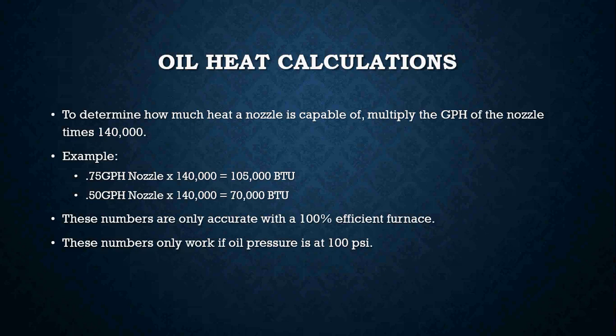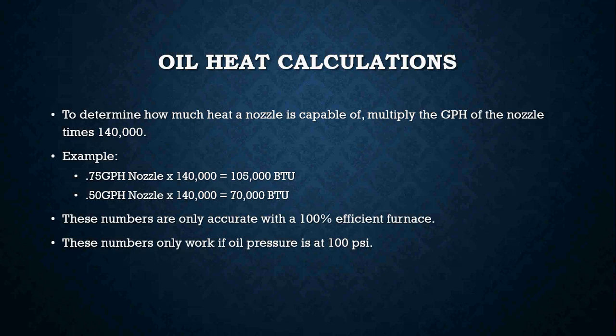So for example, a 0.75 gallon per hour nozzle at 140,000 BTUs is going to put out 105,000 BTUs of heat. A 0.5 gallon per hour nozzle is only going to put out 70,000 BTUs of heat.